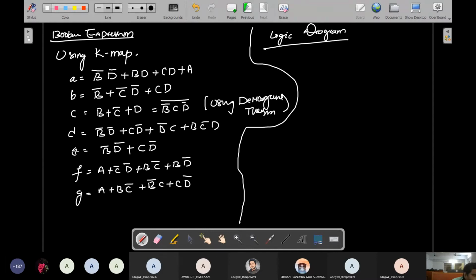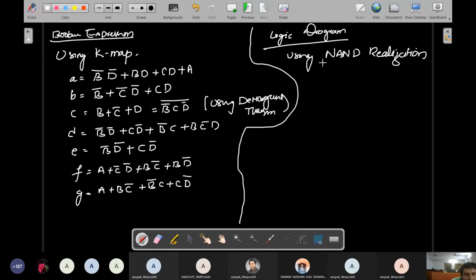So realizing the 7 equations is done only through NAND gates, sorry. Completely for the boolean expressions, for logic diagram purposes, I use only NAND realization.